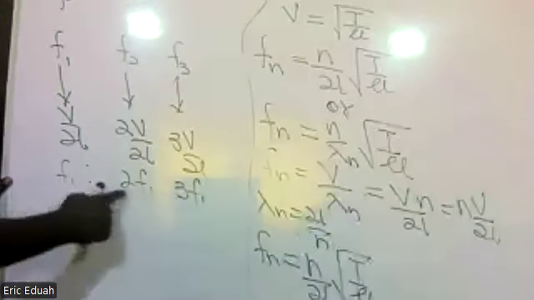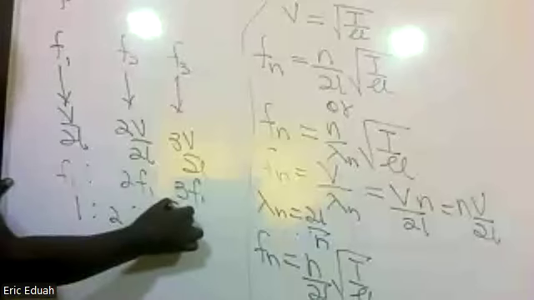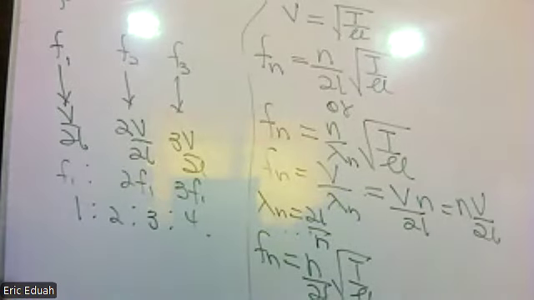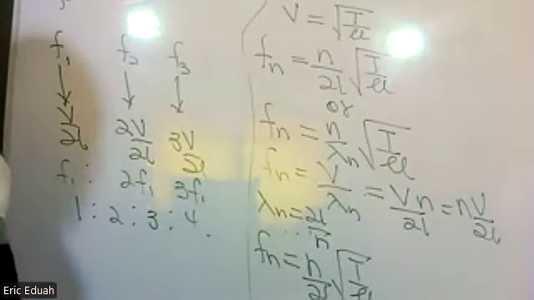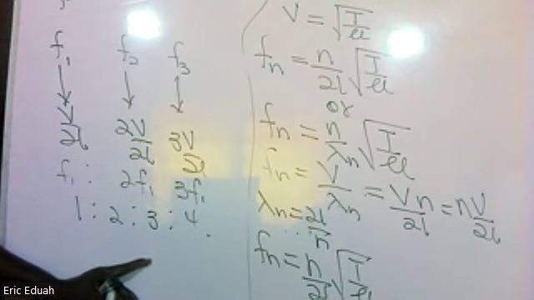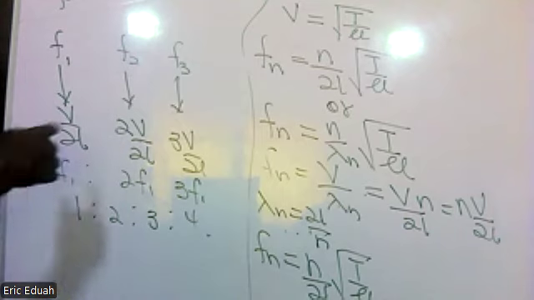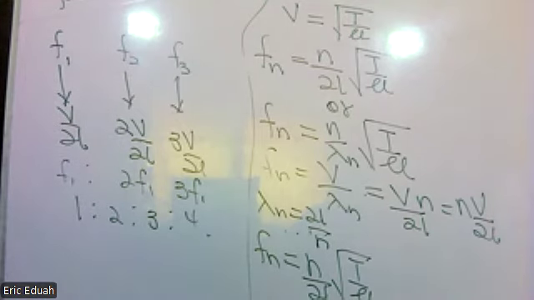So the coefficient is 1:2:3:4, on and on. So the harmonics or the frequencies for vibration in strings are odd and even harmonics. Okay, where this is the first harmonic, second, third, and so on and so forth.